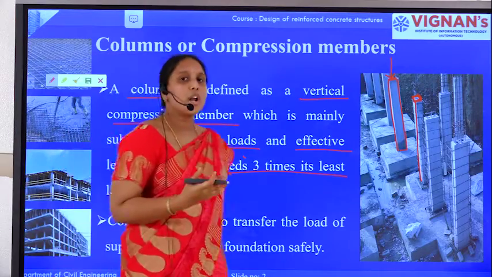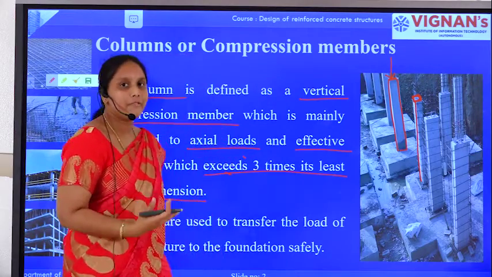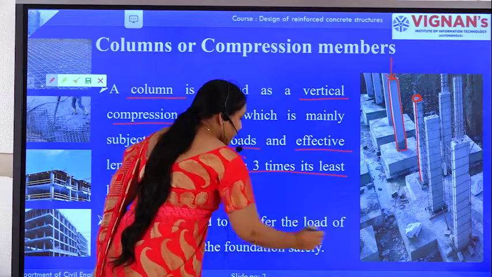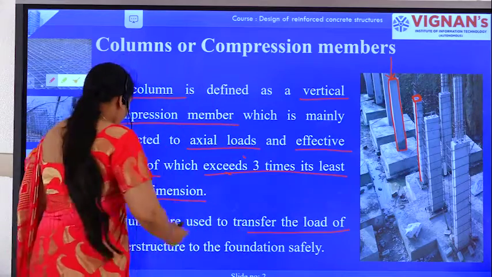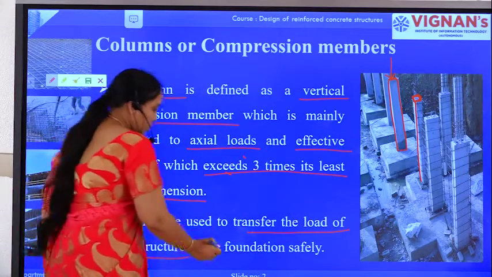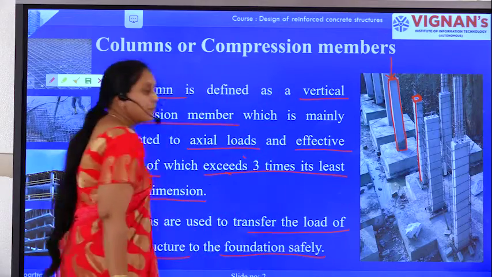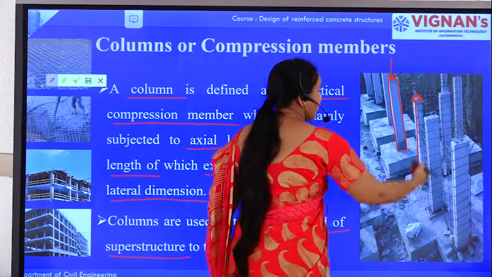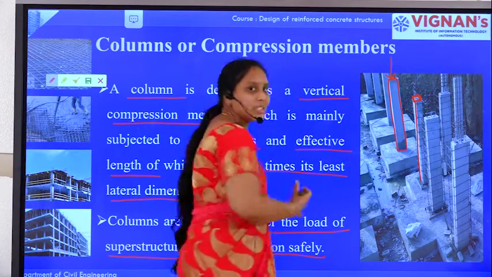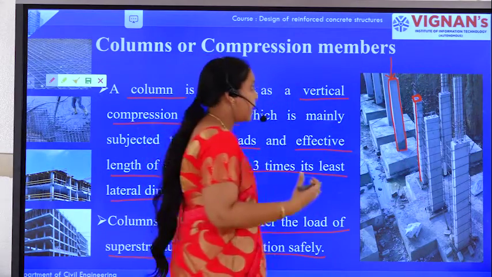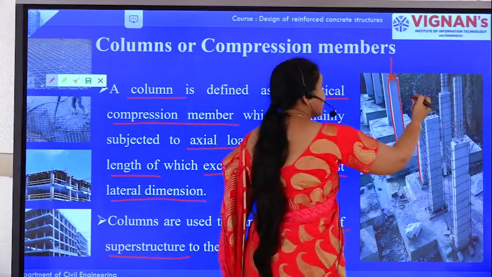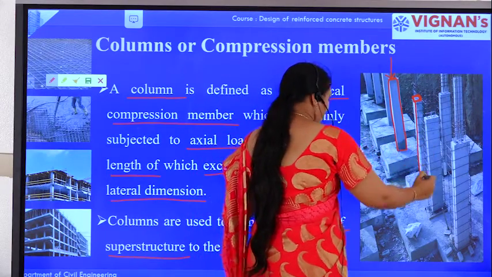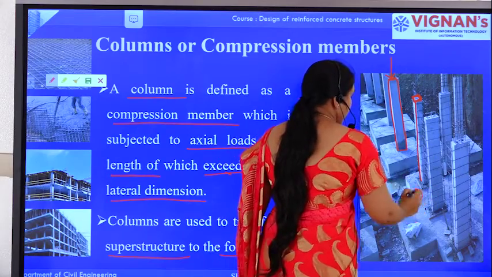What are these columns meant for? The columns are meant for transferring the loads of the superstructure to the foundations safely. All the loads from the slabs and the beams will come onto the column, and this column will safely transfer all the loads to the foundations below.